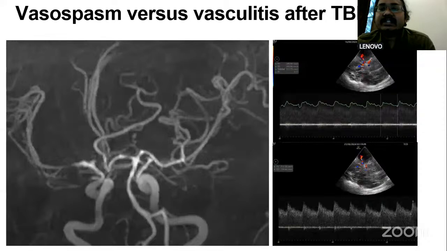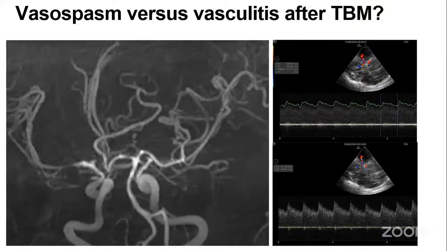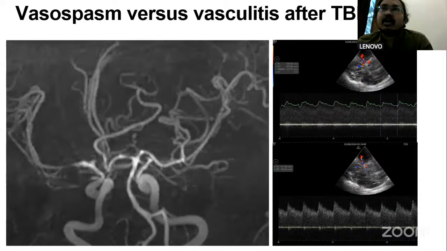The next case we encountered was in TB meningitis. We had a young male who, on day one, presented with altered sensorium. A CT scan was done. The patient had left-sided MCA vasospasm and MCA territory infarcts.